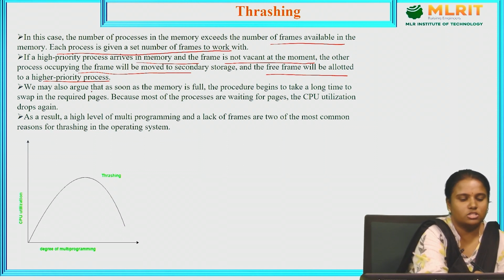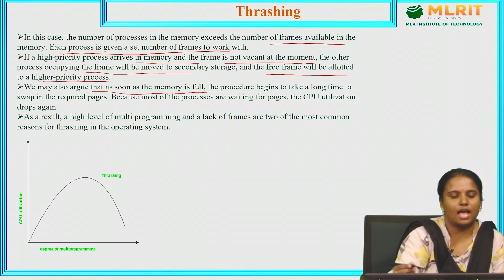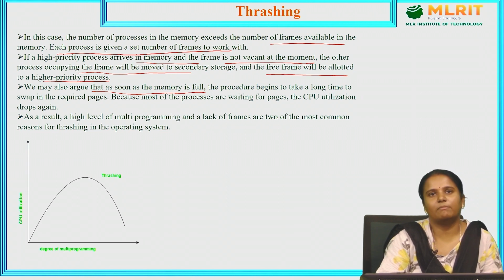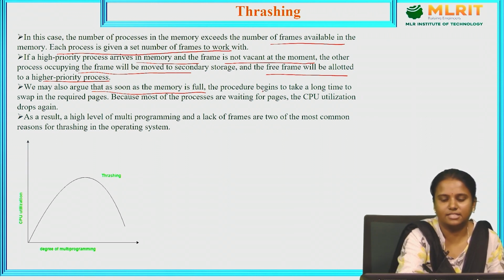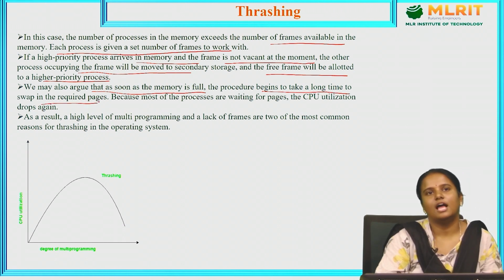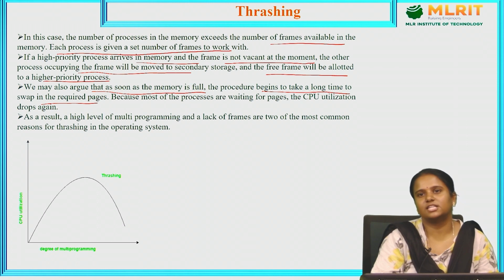We may also argue that as soon as the memory is full, the procedure begins to take a long time to swap in required pages. Until now we have seen how, when pages are full, we swap using first in first out, least recently used, or optimal.